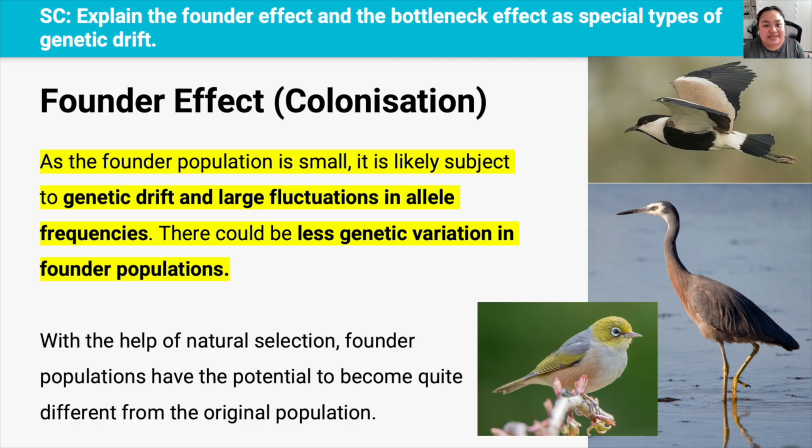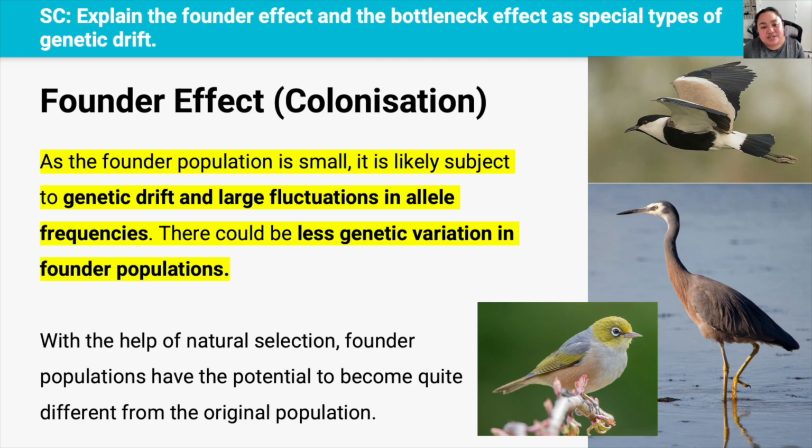The founder effect is particularly relevant to many native species of New Zealand. Many of our native species arrived to our country from Australia or New Caledonia in small numbers by chance, such as the silvereye, the white-faced heron, and the spur-winged plover. These founder populations were unlikely to have had the range of alleles or the frequency of alleles present in the populations they originated from in Australia and New Caledonia.